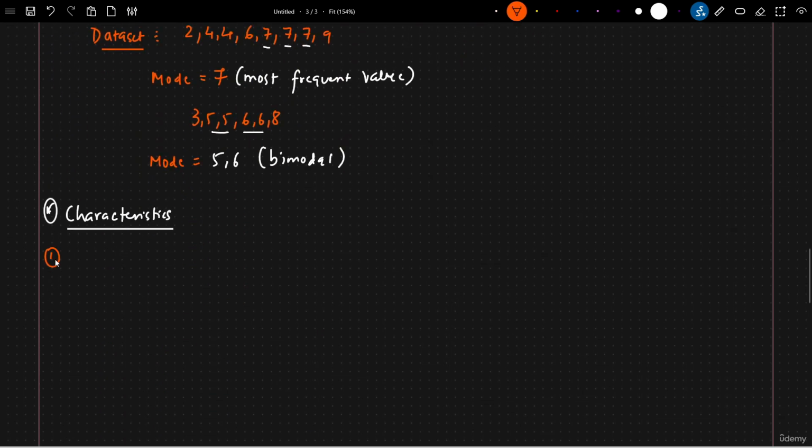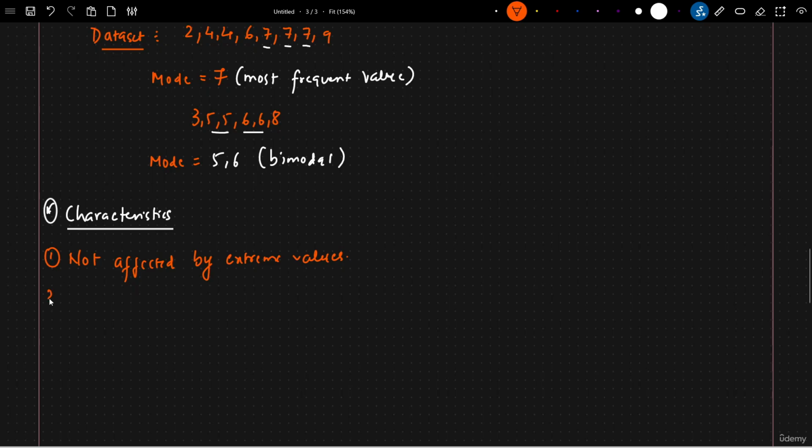Since we are working on the most frequently occurring elements, this is not at all affected by extreme values or outliers.